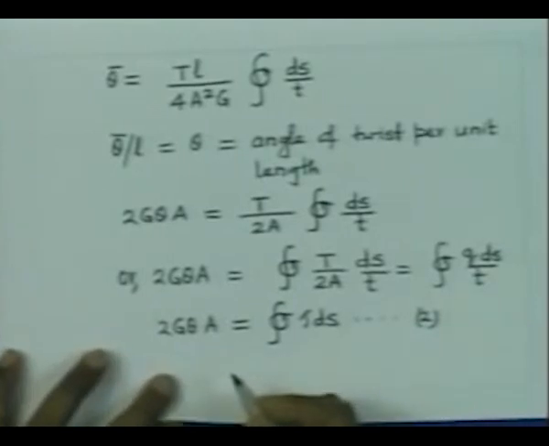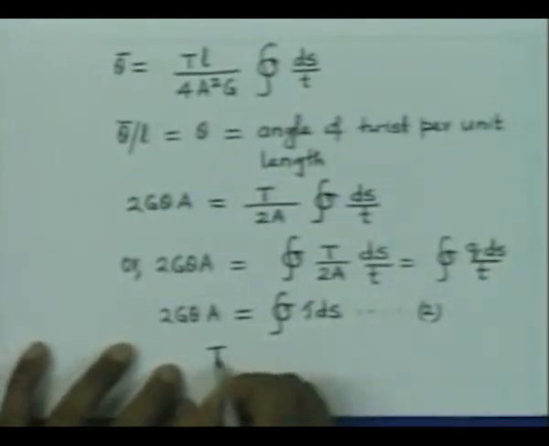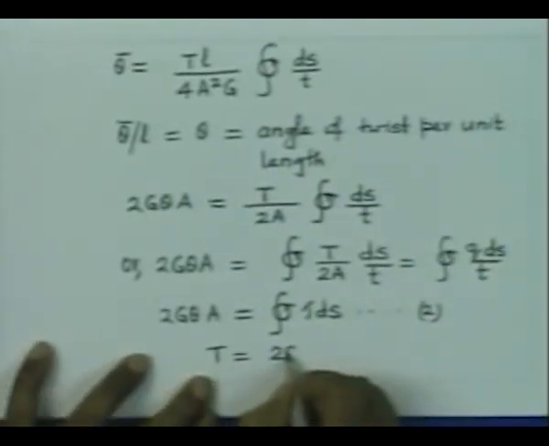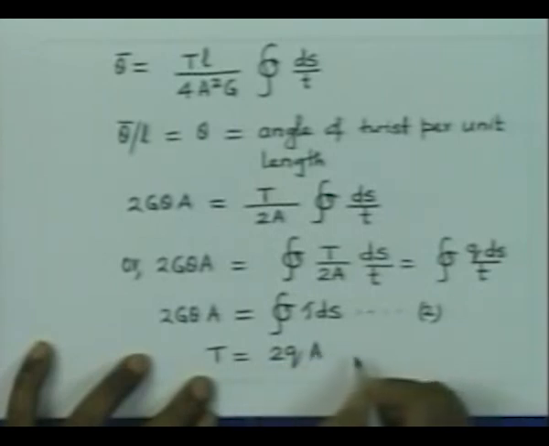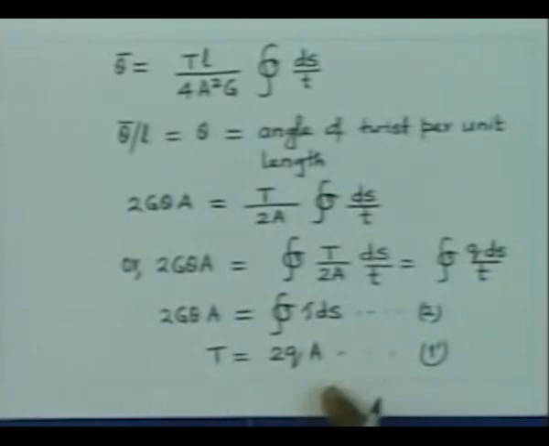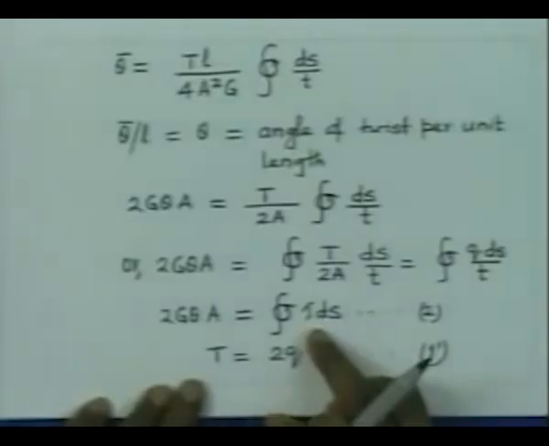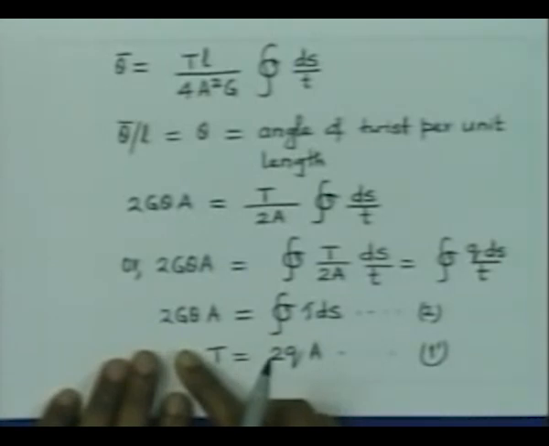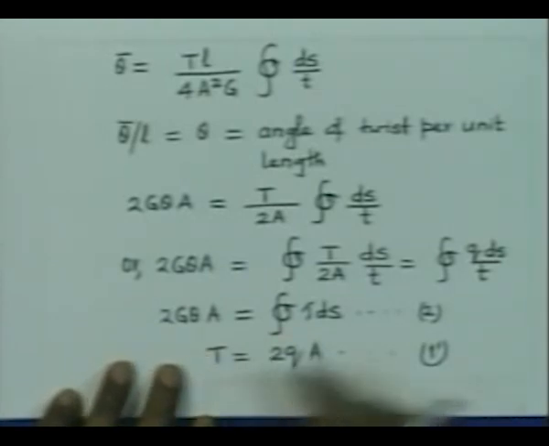We can now write the relationship T is equal to twice Q into A, let us say again 1 dash. So 1 dash and 2 are the relationships which are sufficient to help us solve for the shear stress at any point and also the angle of twist per unit length for a given torque.